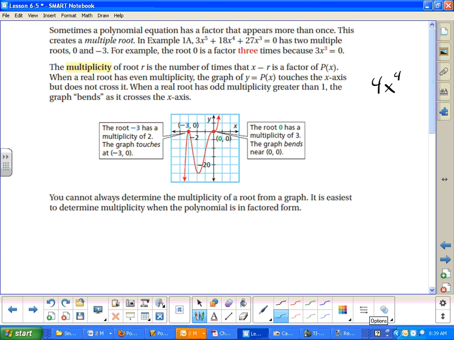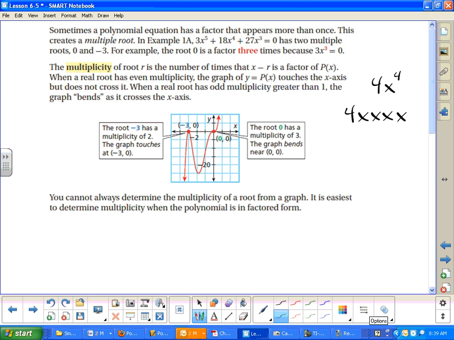For example, the root 0 is a factor 3 times because 3x to the third equals 0. And we just had one in that example where we had 4x to the fourth, so the 0 is a factor 4 times because I could have written this as 4 times x, x, x, and x. So we actually have that factor that happens 4 times.